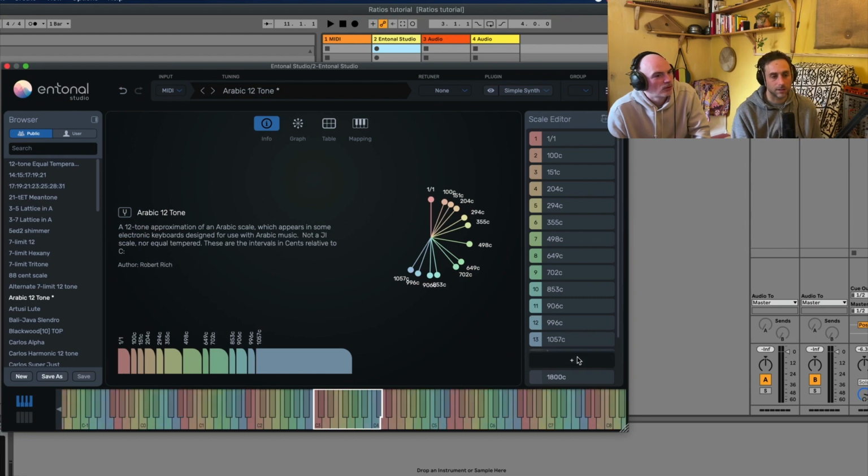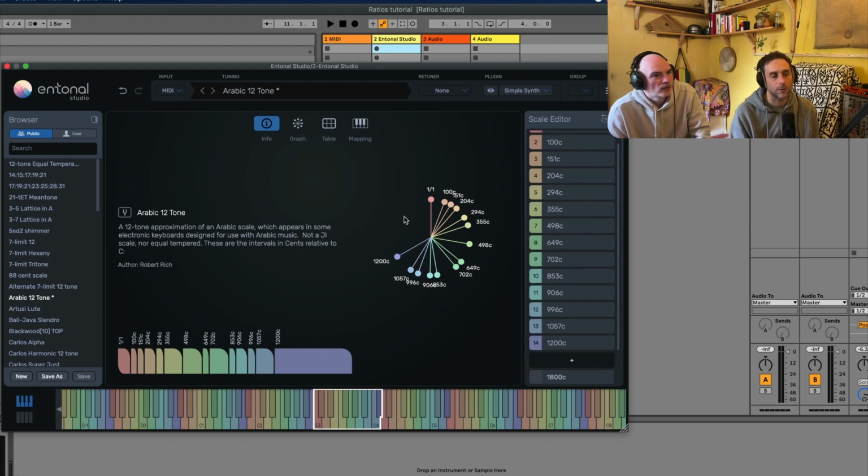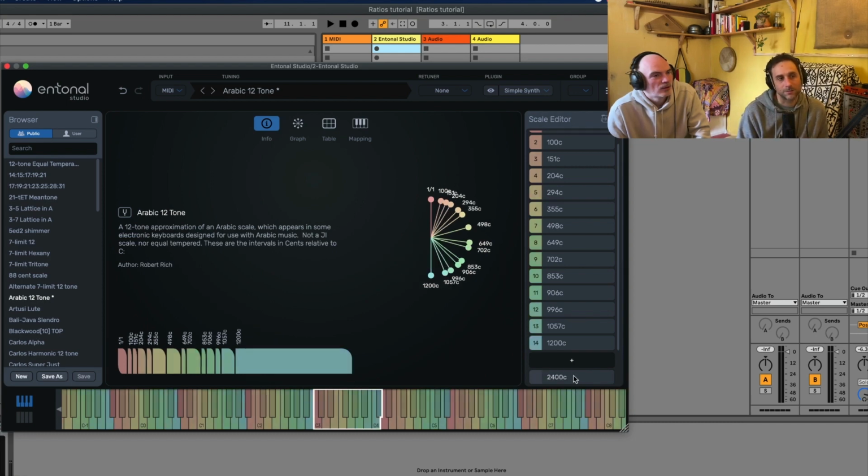So then you can have a new interval here at 1200, and it doesn't overlap the one. I get it. And you can keep going up. You could divide it into the equivalent of 2 octaves, if you want. That's really cool.